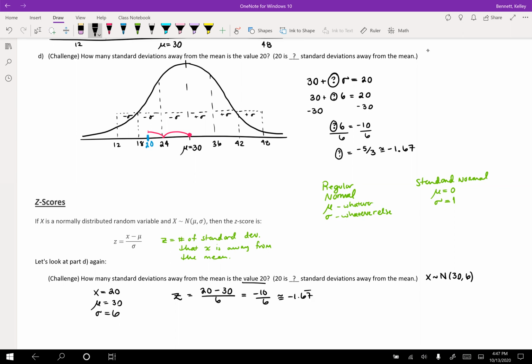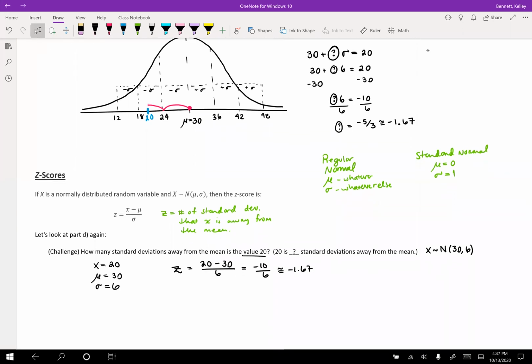Maybe you're wondering, well, how did that work? Let's think about it. Let's go back to the first time we did this problem. First time we did this problem, we said 30 plus some number of standard deviations sigma was equal to 20. Well, here I'm telling you that Z is the number of standard deviations. So let's go ahead and replace this with Z. It's the number of standard deviations.